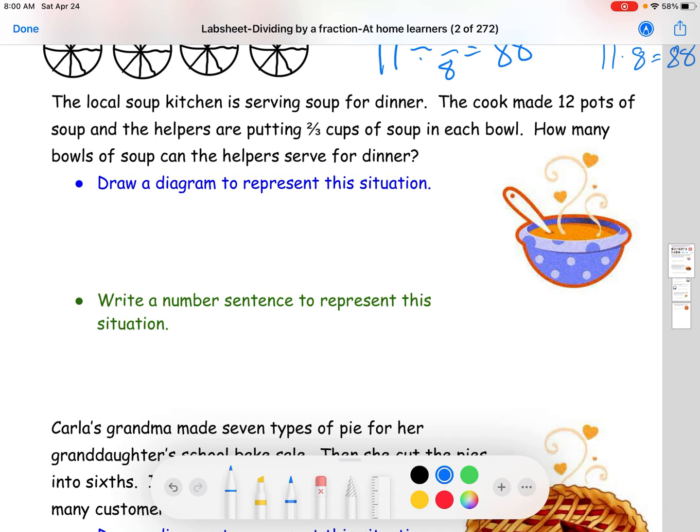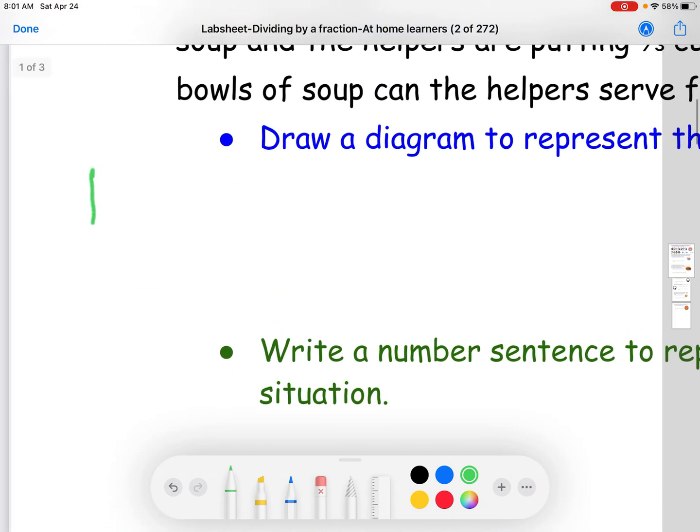So we're going to draw that diagram in here. And in here, we could do 12 pots and 2/3. So if I do 12 pots, I'm going to have to draw small. Let's do this as 1 pot, and we're going to do that in 2/3 right there. We need 12 of them, so I'm going to just put that here.